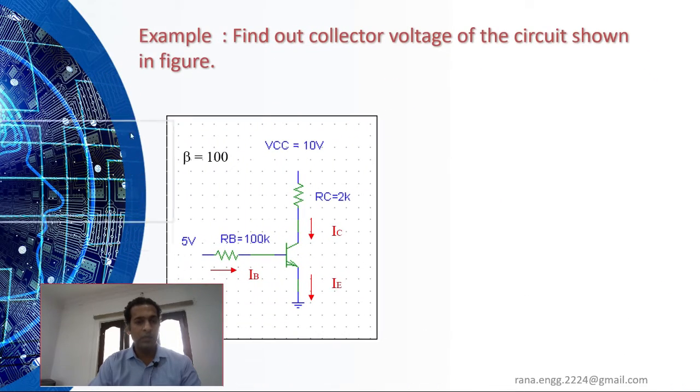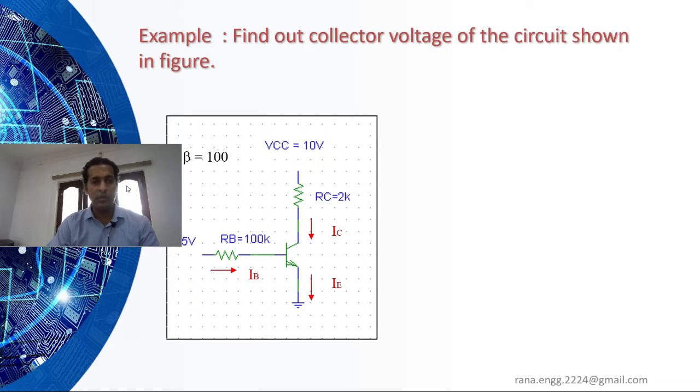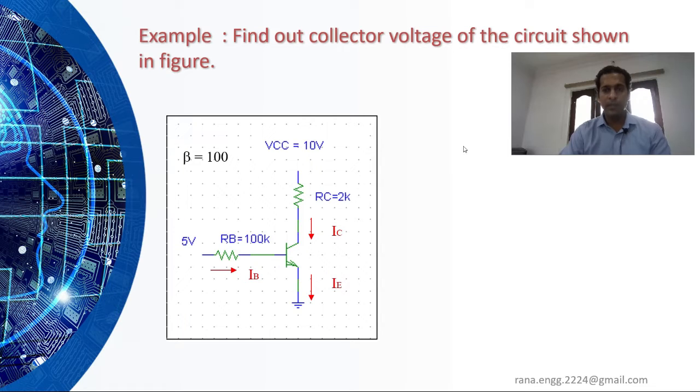Let us have one example. We have to find the collector voltage of the circuit shown in the figure. In the figure we can see one VCC, that is the supply voltage, and an input signal given at the base, that is 5 volts. We have two voltages here: one is the supply voltage VCC, another one is the signal at 5 volts.